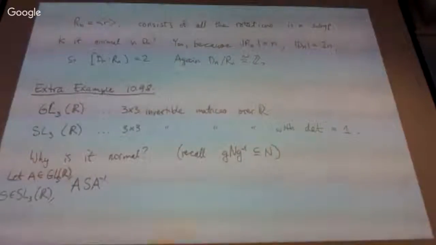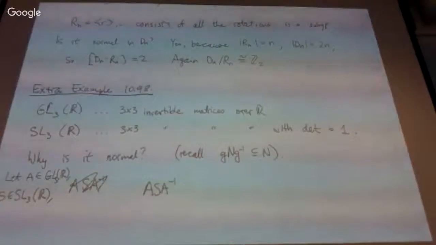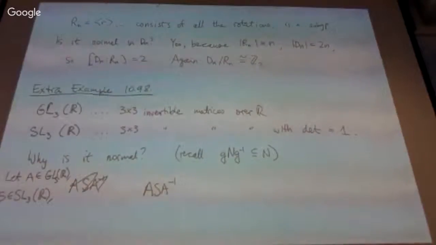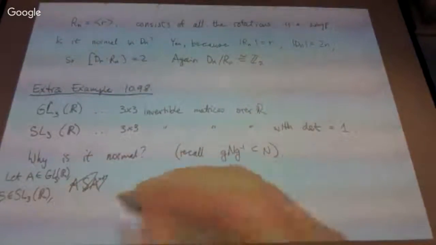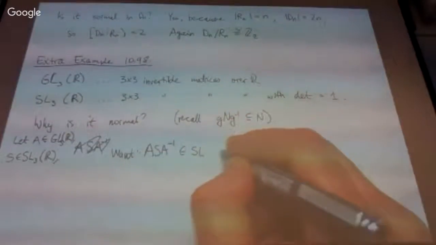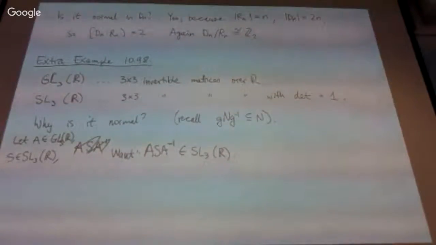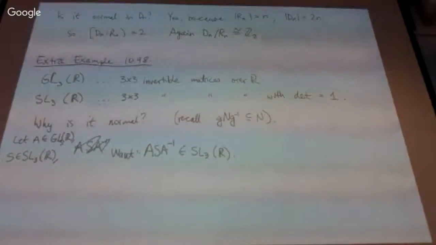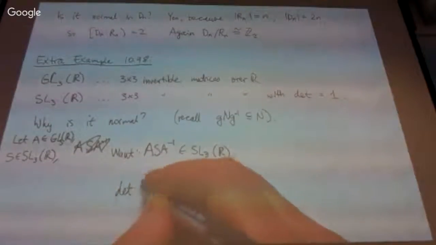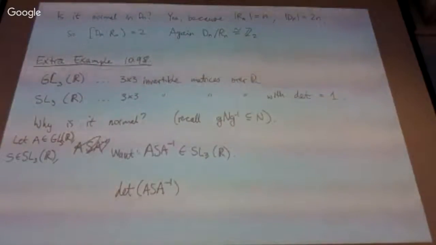We want to show that A S A inverse belongs to the special linear group, which is defined by having determinant 1. So what we want is the determinant of A S A inverse.